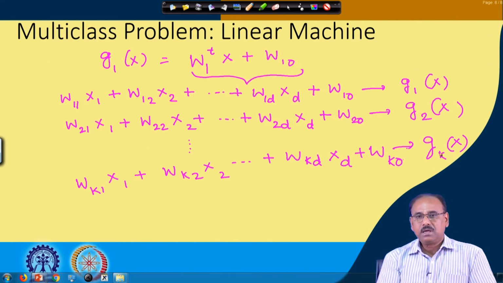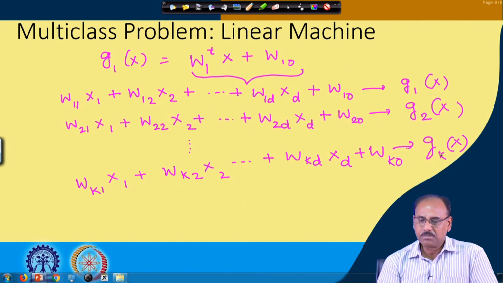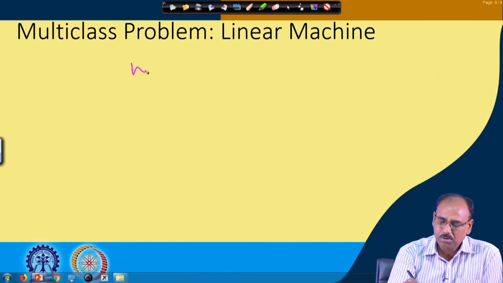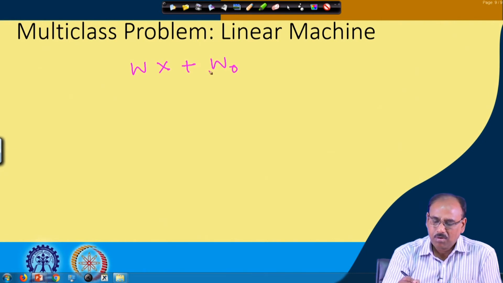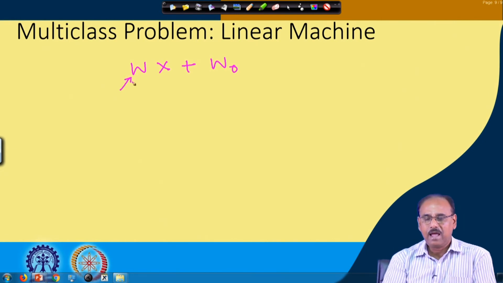Now, given this k number of linear equations, I can represent them in the form of a matrix equation. So, the matrix equation simply becomes W x plus W naught, where this W is a matrix having k number of rows and d number of columns.